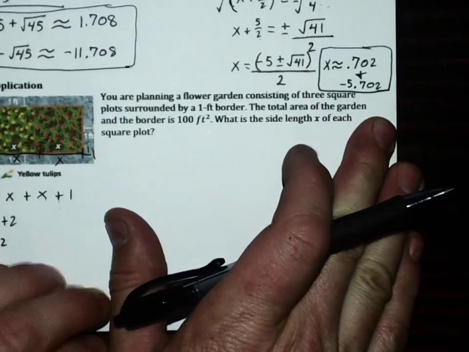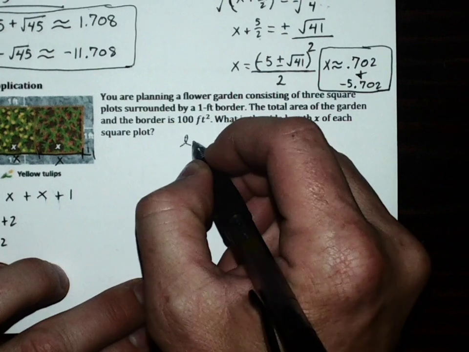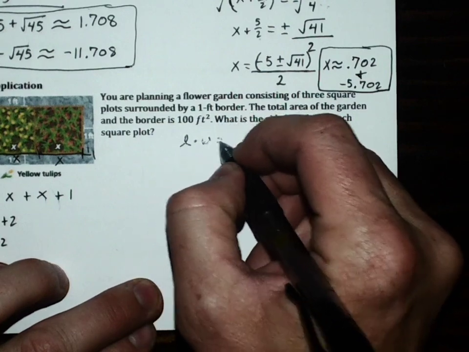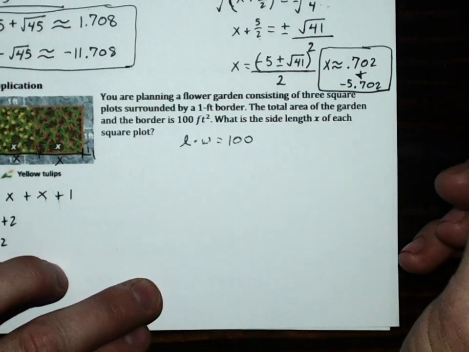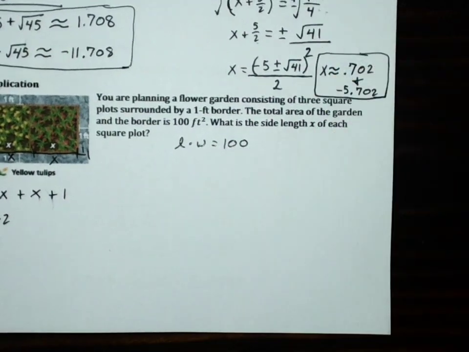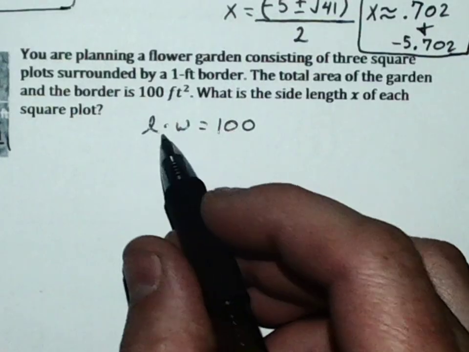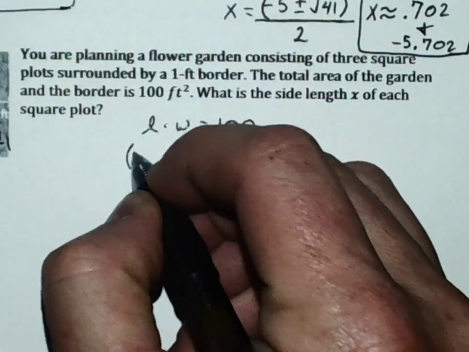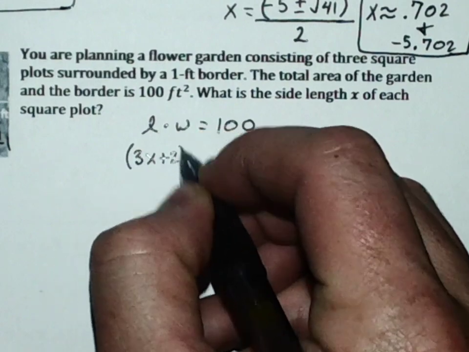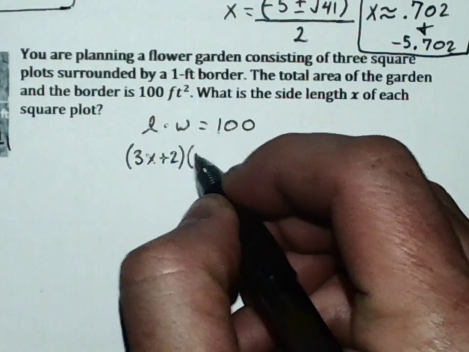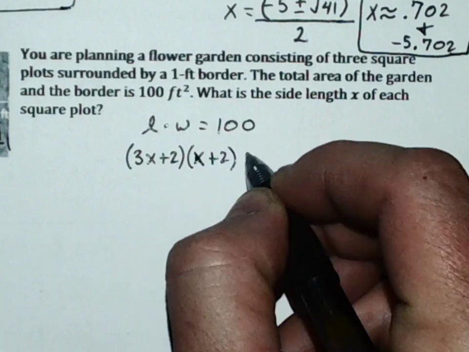So I take the length times the width equal to the area of 100. Length times width equals 100. Length is 3x plus 2. The width is x plus 2.